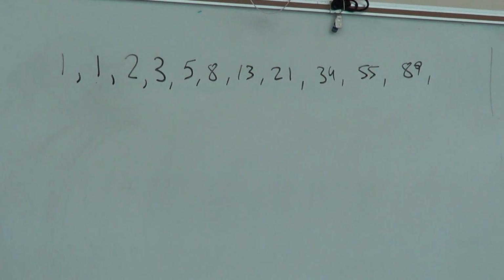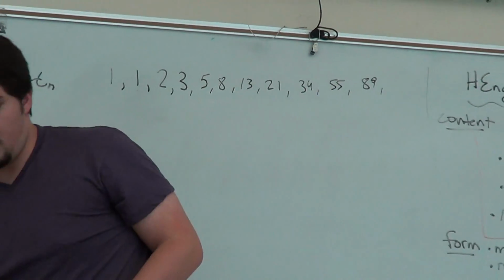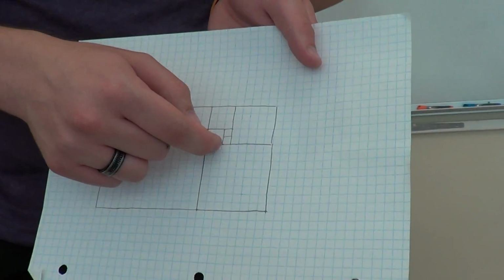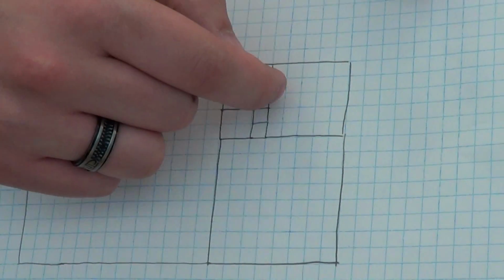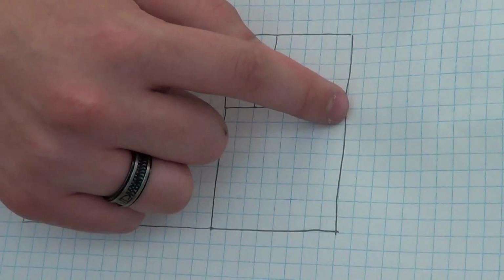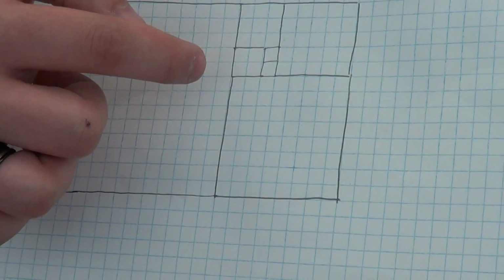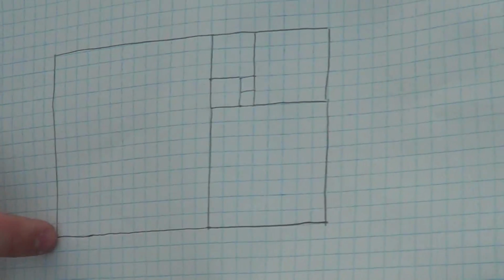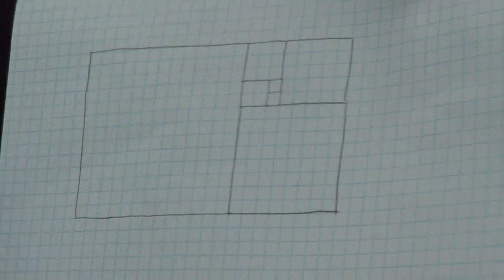Clearly did not plan this out very well. Here it is. So, camera. I don't think you can see it very well. There we go: a 1 by 1, then a 1 by 2, then a 2 by 3, and 3 by 5, 5 by 8, 8 by 13, there you go. 13 by 21. And if you take, your face is 34.